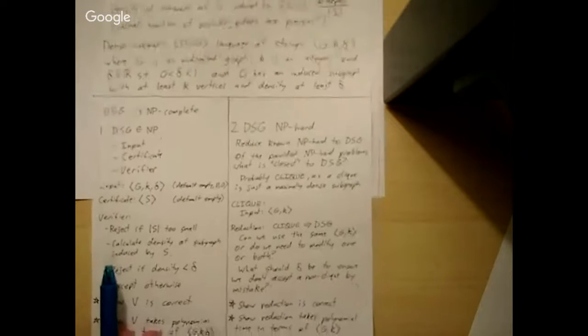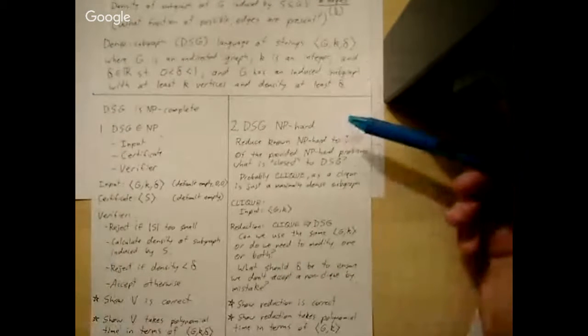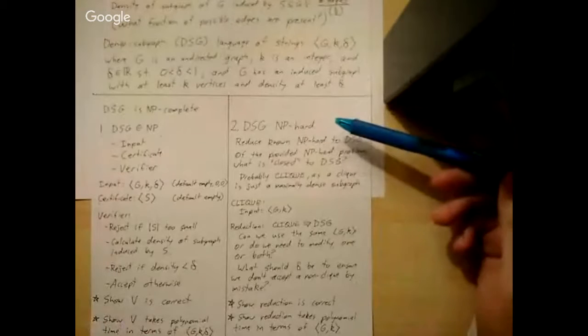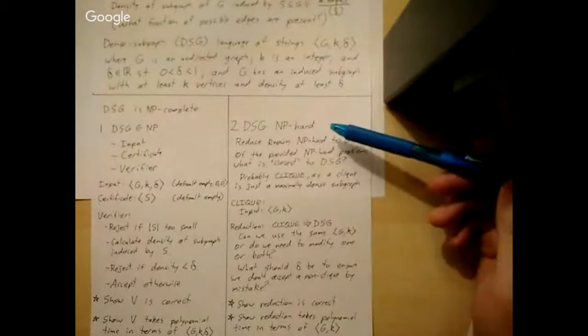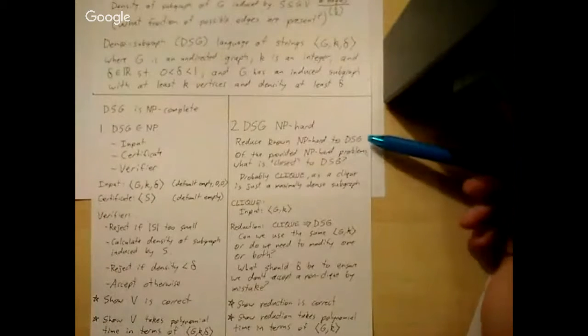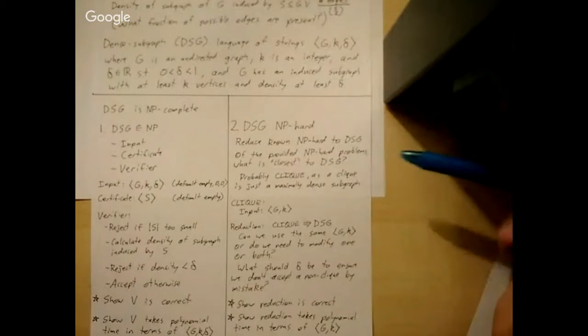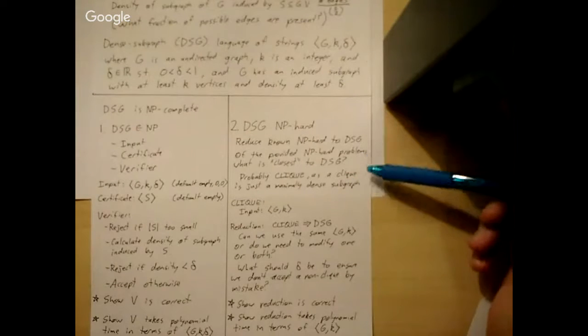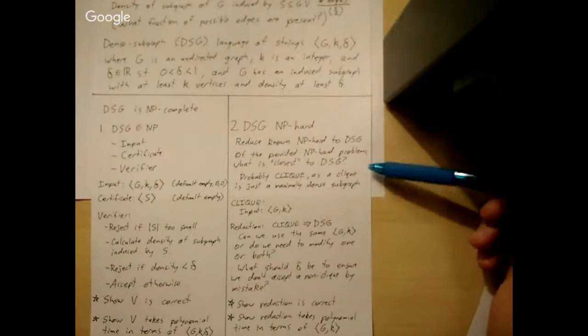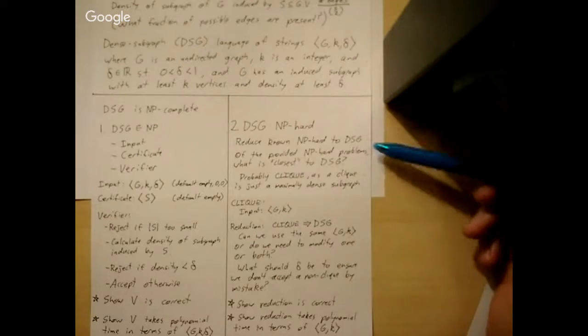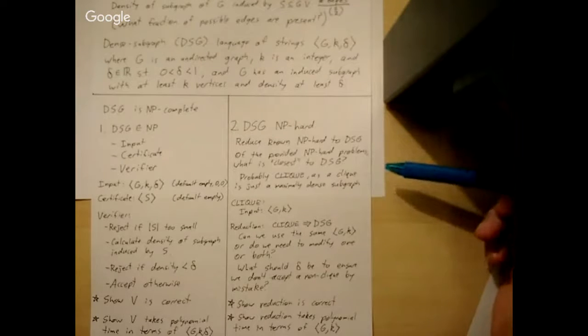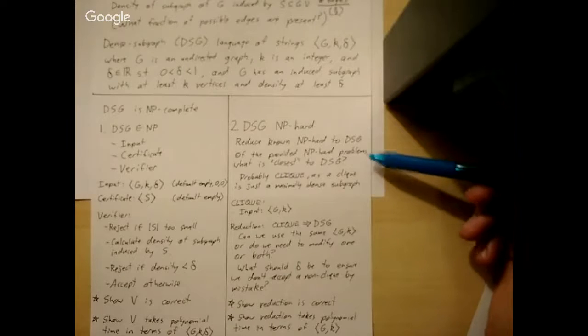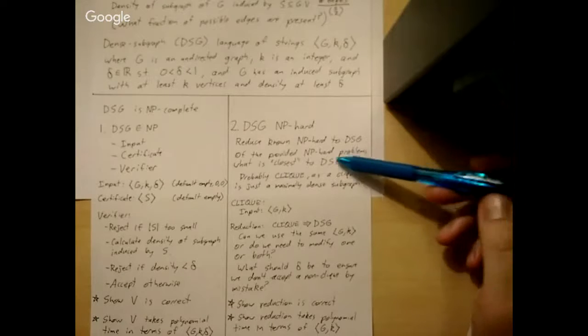And then the other side is proving that dense subgraph is NP-hard, by reducing a known NP-hard problem to dense subgraph. I mentioned this earlier, but I'll go over it again. My initial thought is, from the list of problems that we know are NP-hard that are allowed on the exam, which is closest to dense subgraph?